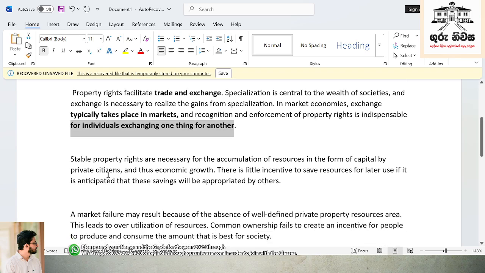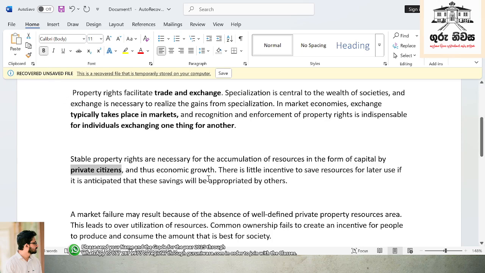Next one. Stable property rights are necessary for accumulation of resources in the form of capital by private citizens. Thus, for economic growth, there is little incentive to save resources for later if it is anticipated that these savings will be appropriated by others.